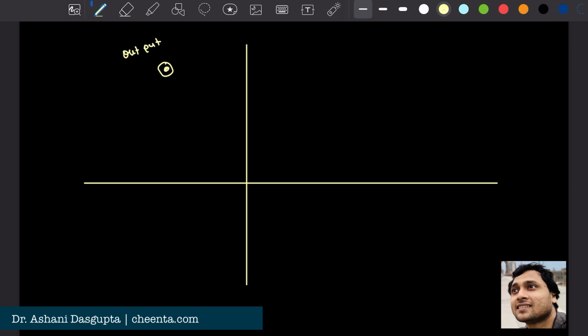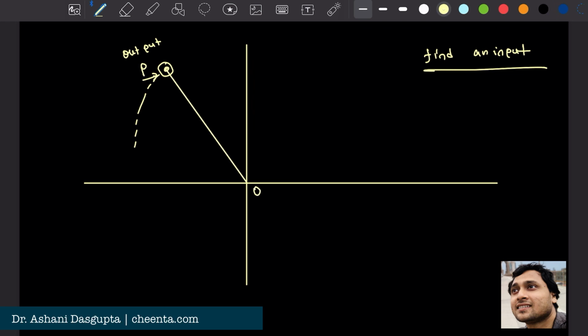How can you find an input such that the output is this point? Well, first thing, join the point O with this point P, which you desire as the output, and draw a circle with that radius.